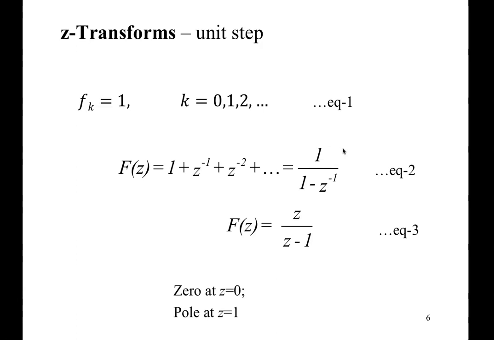In real life, if you delay, you know what happened in the past, but you don't know what will happen in the future. So we don't like the advances. The only reason I'm doing it is because I need to find the zero and the poles. But in general, we like to keep them in the negative power, which is better.